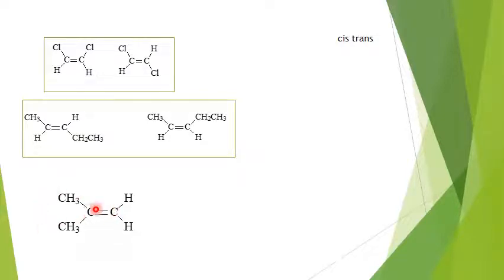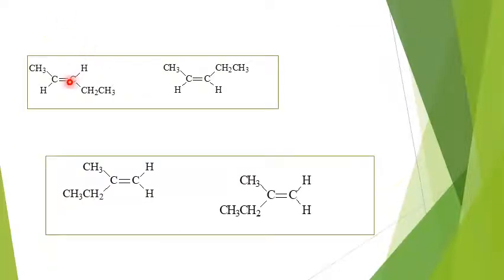One way to tell is if either one of the carbons involved in the double bond has the same thing coming off of it, then it will not have a cis-trans. Notice this carbon here has a CH3 and a CH3, so the same thing. So I know right off the bat this won't have a cis-trans. Or this one has H, so this one doesn't either.